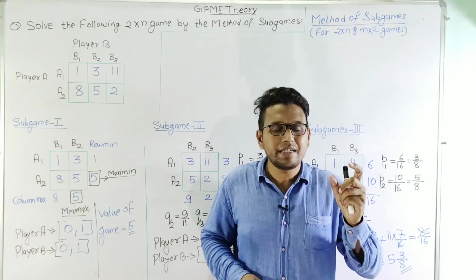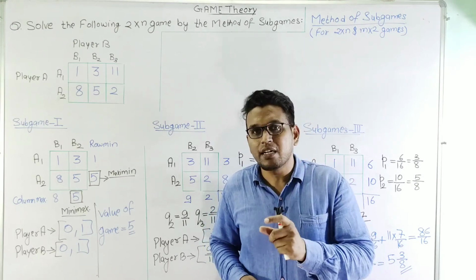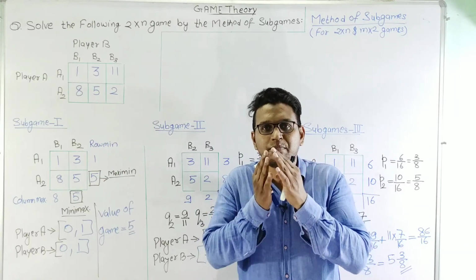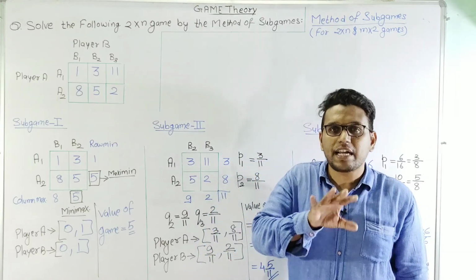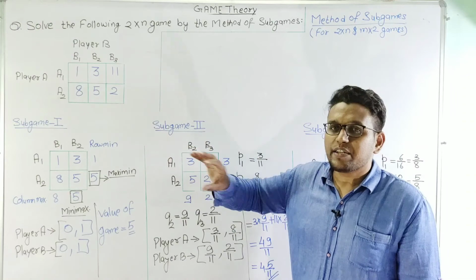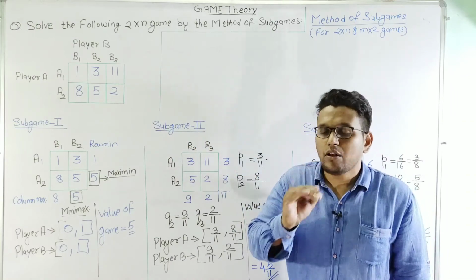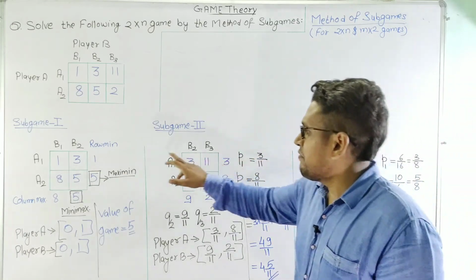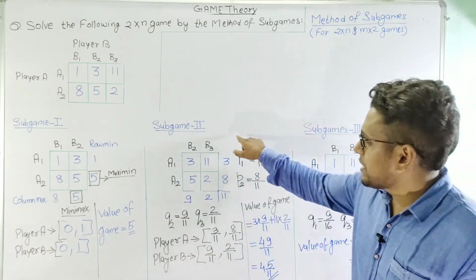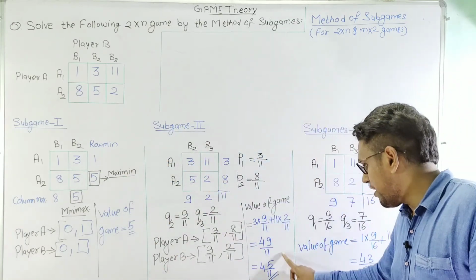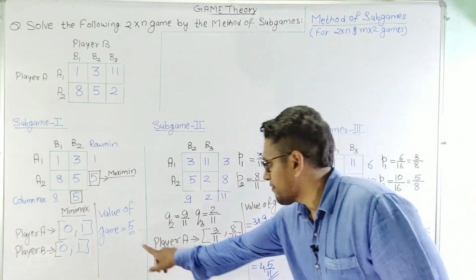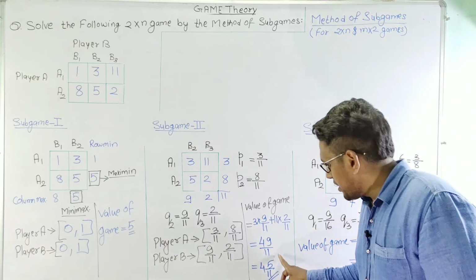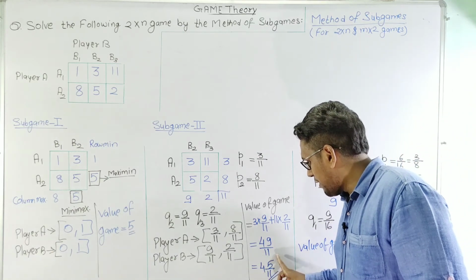Knowing that player B is an equally intelligent player, player B will try to minimize its loss, that means player B will try to play the sub game that will give the minimum loss. Among these 3, the minimum value of the game is in sub game 2, which is 4 5 by 11, and the other values are 5 and greater than 5. So the smallest value of the game is 4 5 by 11.